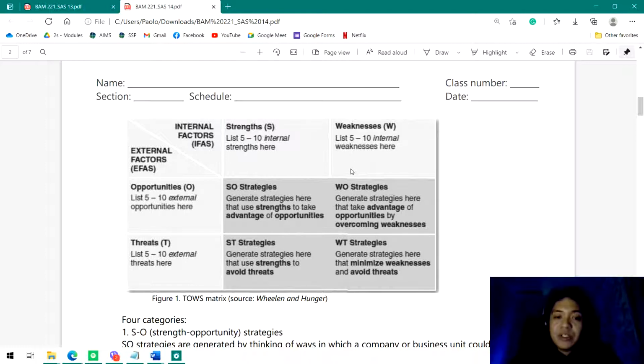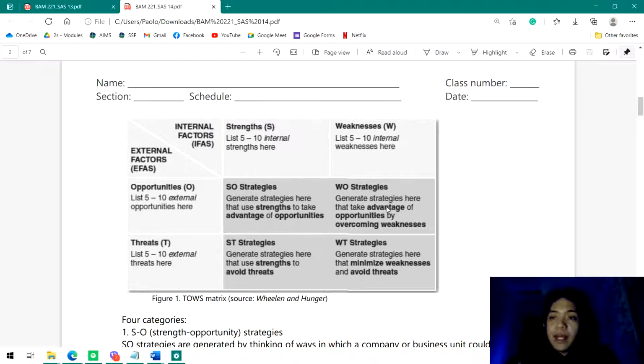And WO strategies are taking advantage of opportunities by overcoming weaknesses. So those are the difference, no? Sa SO strategies, you will take advantage of opportunities by using your strengths. Pag WO strategies naman, you will take advantage of opportunities by overcoming weaknesses.